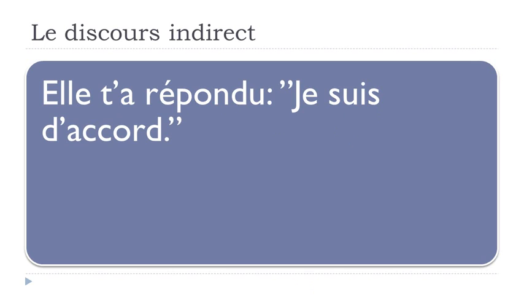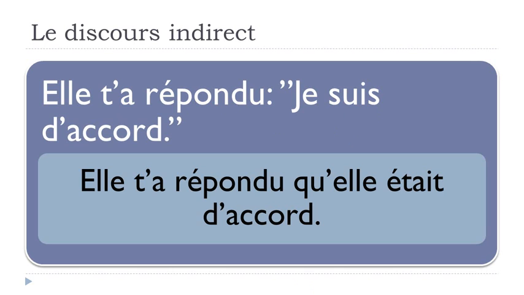And if you remember what I just told you previously, the rule goes like that. This first part doesn't change. It is still in the passé composé form. But the second part, your present form, will be changed, and you will have to put the verb, the verb to be, être, in the imparfait form.